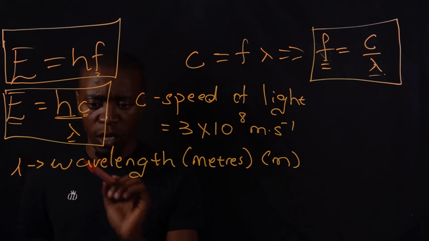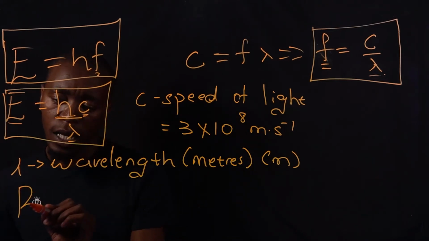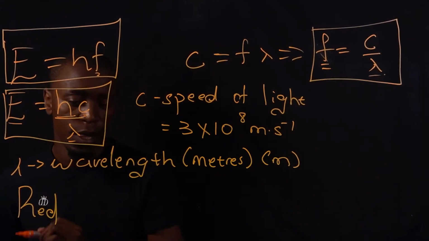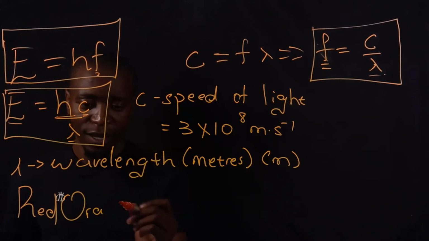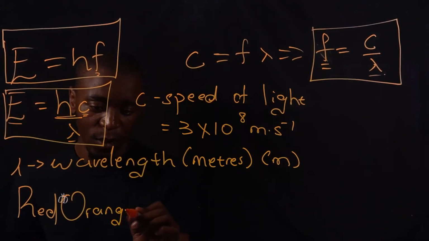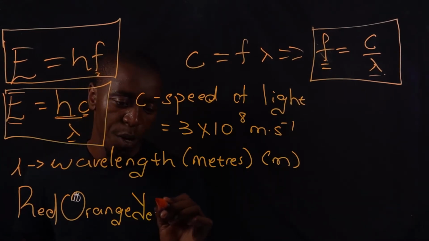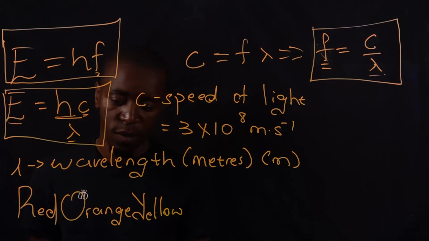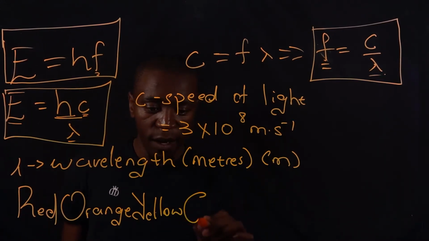The rainbow that we see every day consists of these colors: one is red, the second one is orange, same as this whiteboard marker. Then from there we have yellow, and then we have green.